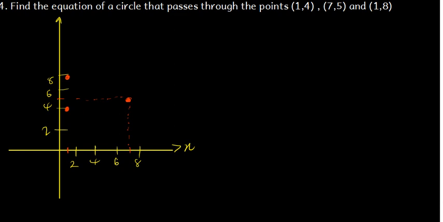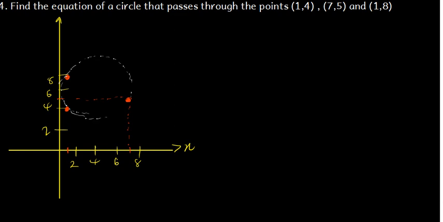So the circle we want to draw should pass through these 3 points. Now we don't know how it's going to pass, so it can go something like that. It's supposed to come and pass through this point, and we know it is supposed to pass through that point.